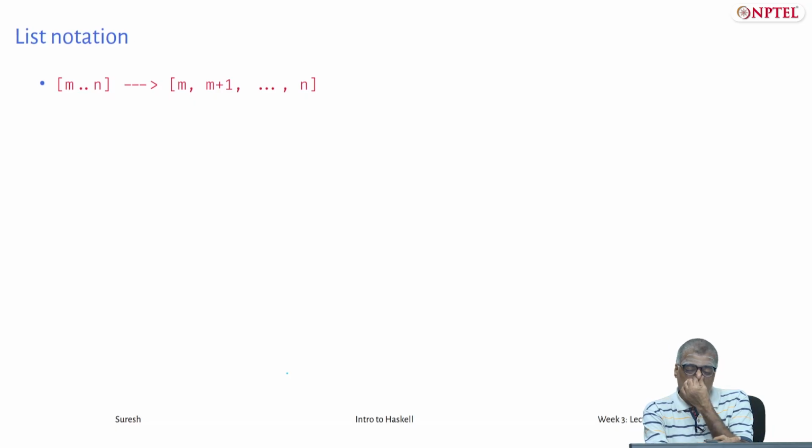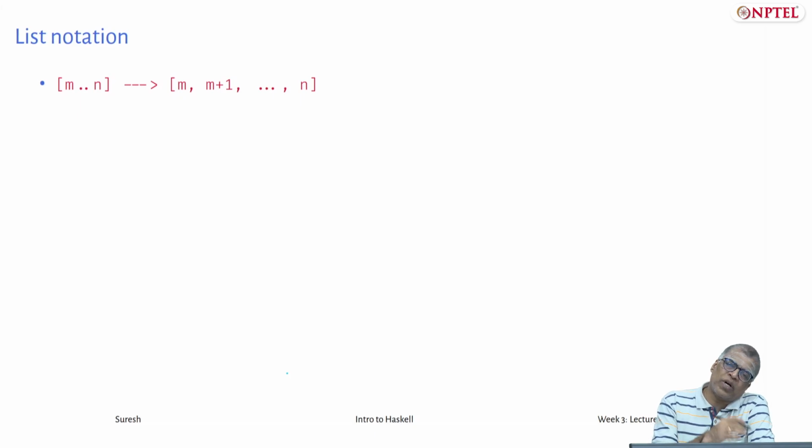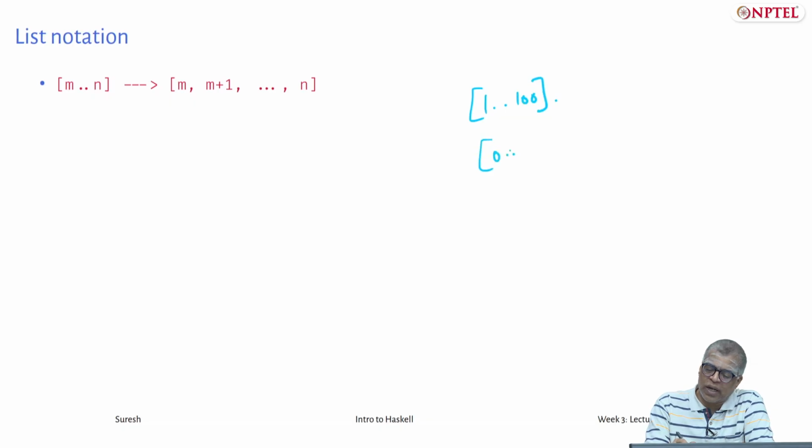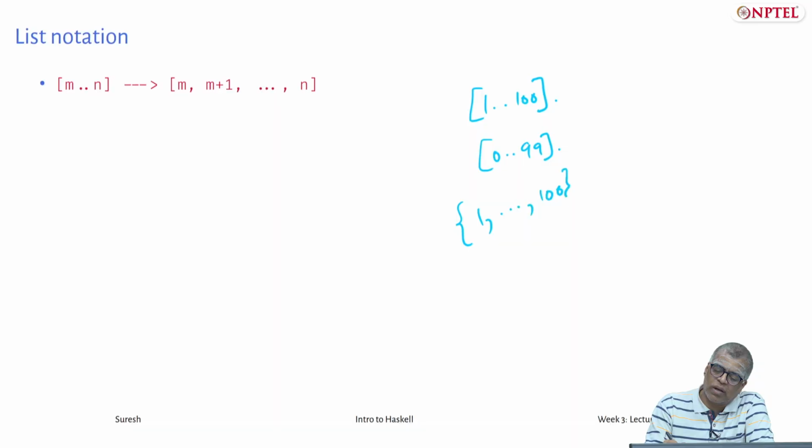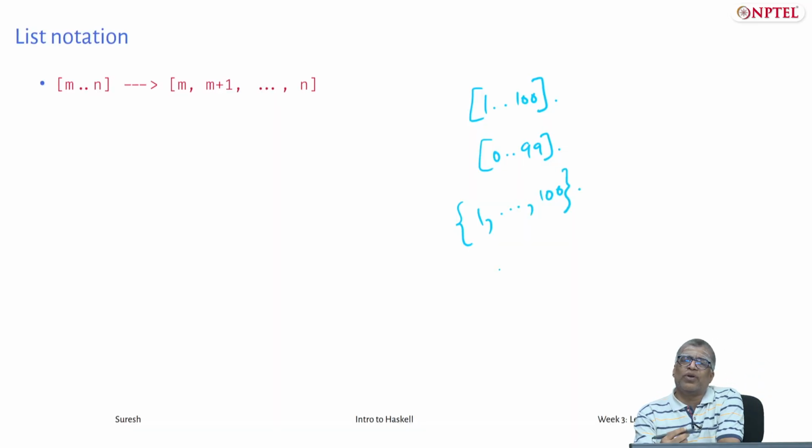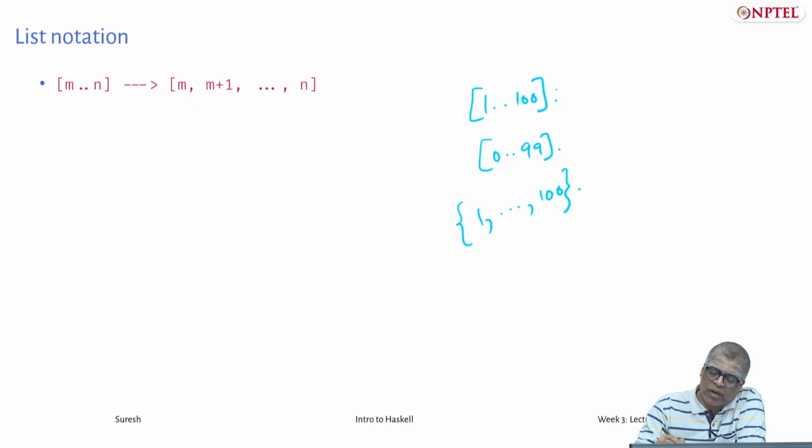Rather, you would want a shorthand to write all numbers from 1 to 100, and that you do by saying 1 dot dot 100 or 0 dot dot 99 or whatever. And this is very similar to what you write in high school and sets. You will write 1 comma dot dot dot 100. So instead of 3 dots, we use 2 dots and there is no comma in between. Okay, so that is the important thing.